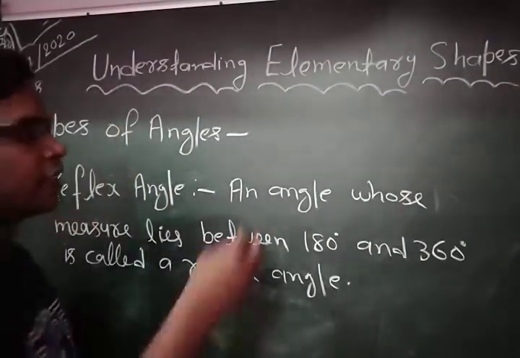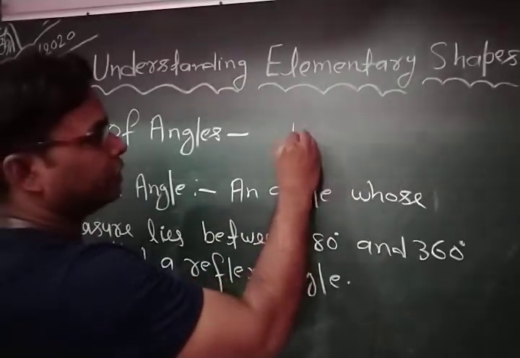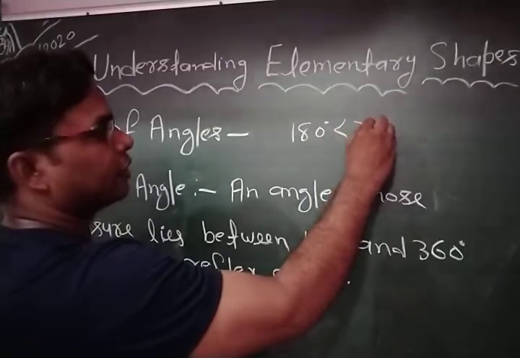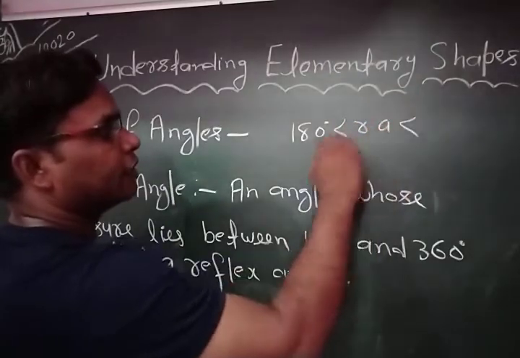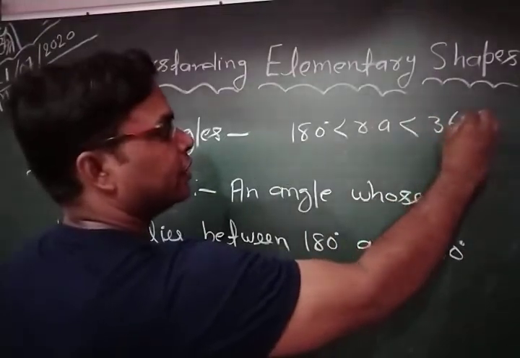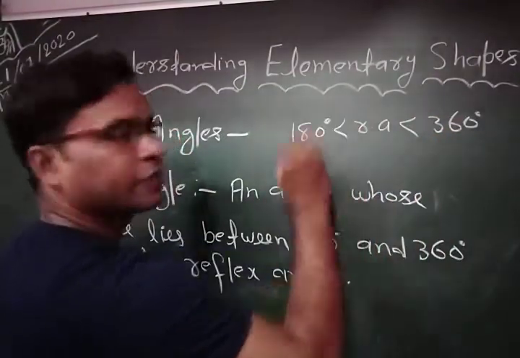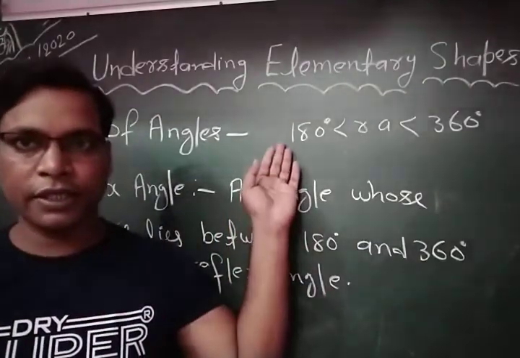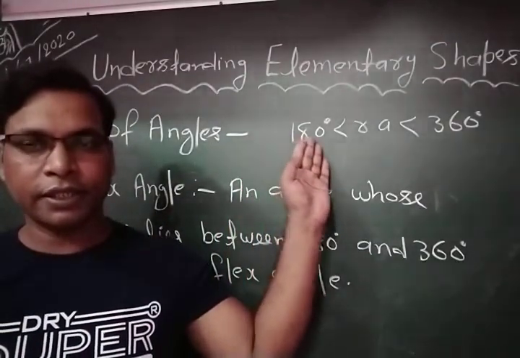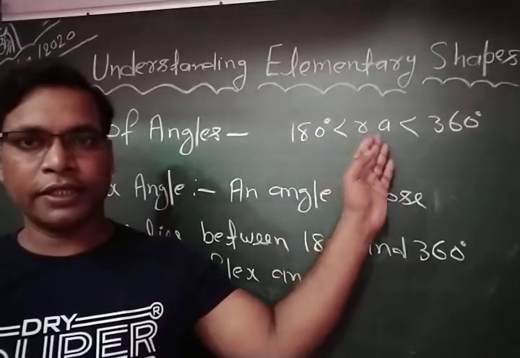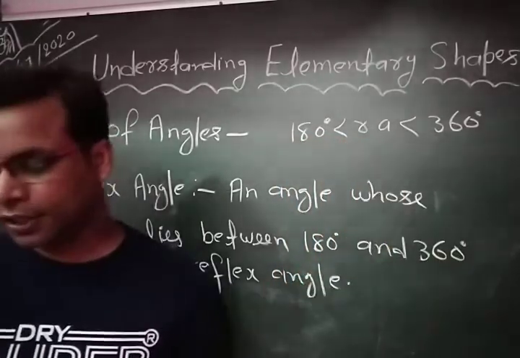Okay, so you can also write like this. Suppose 180 degrees, reflex angle RA. Reflex angle is greater than 180 degrees and less than 360 degrees. Clear? You read this. Reflex angle is greater than 180 degrees and less than 360 degrees.